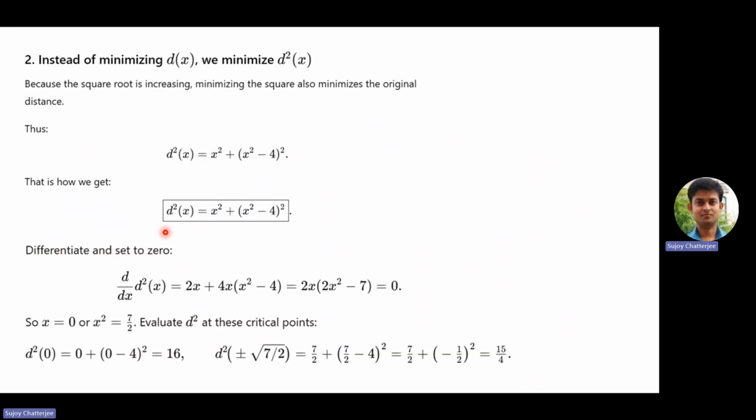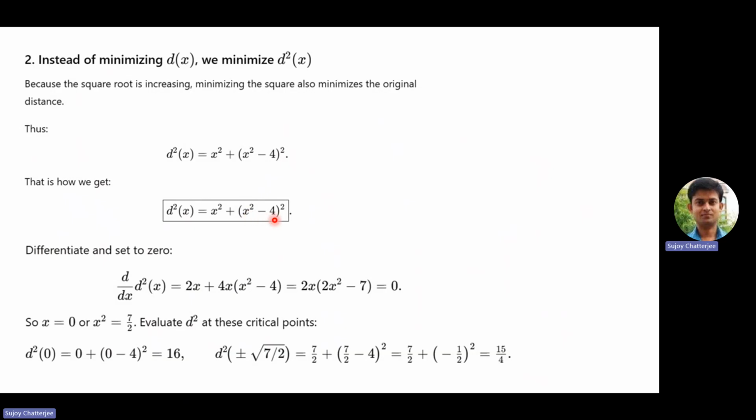That means d/dx of d²(x) is equal to, now what will be the derivative of this? From the differential calculus formula, we know that x² becomes 2x: the power comes in front and the exponent becomes one less.